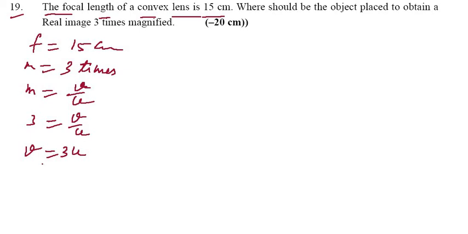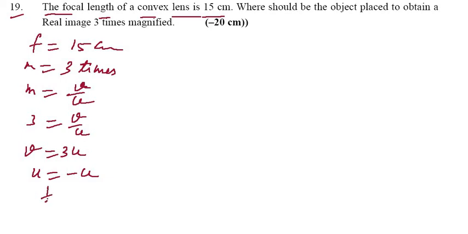The lens is convex, so we can apply the formula. As you know, u is always minus u, and here the lens is a convex lens, so the image is erect and virtual, so v is 3u.